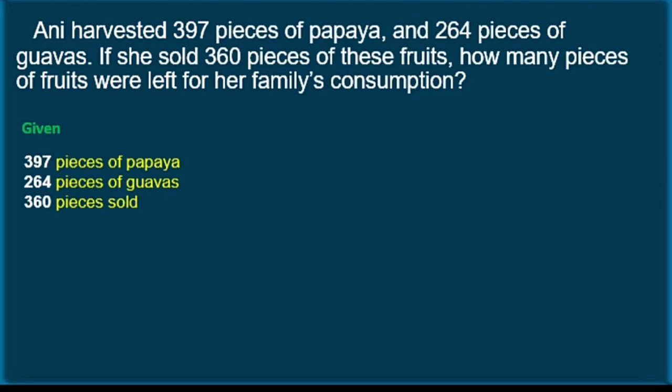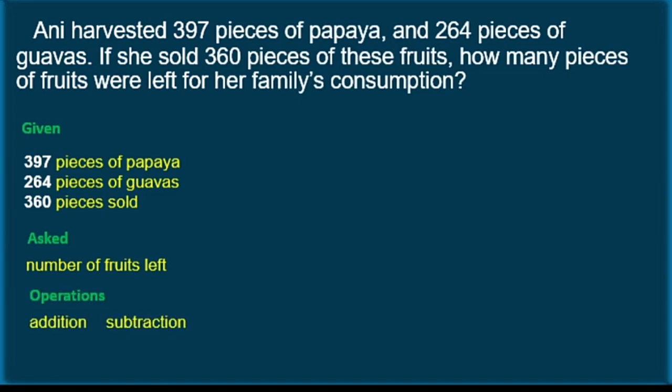Now, what are you asked to do? You were asked to find the number of fruits that were left. So that's what they're asking you to do. Now the next thing is to look for the operation.